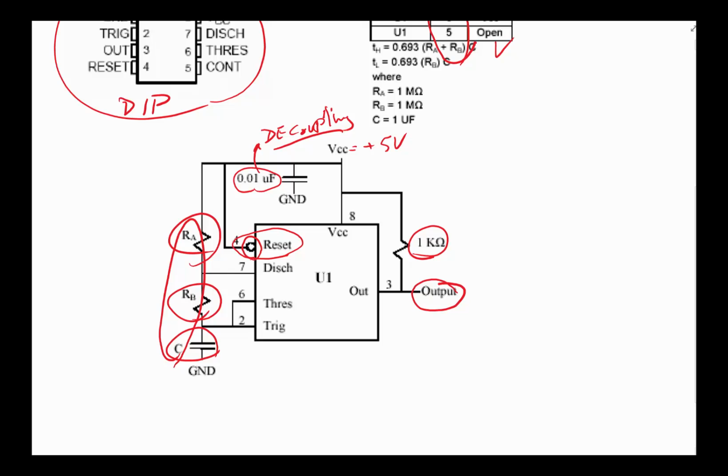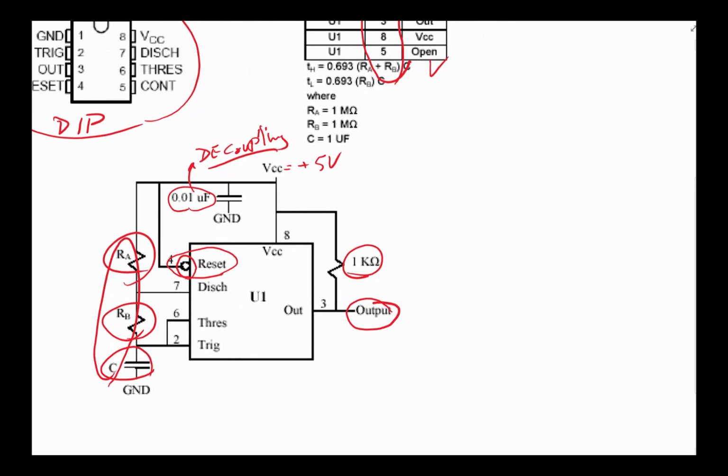Okay, so now, what are the formulas that allow me to figure out how fast I want to run? Remember, this output will be a square wave, on and on, right? This part is referred to here as T high.